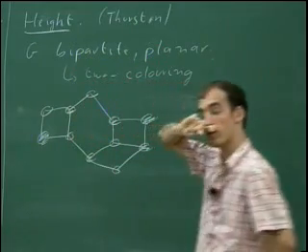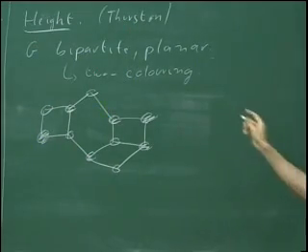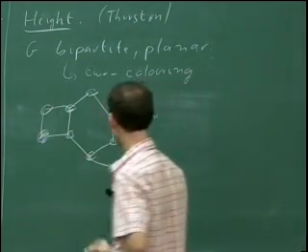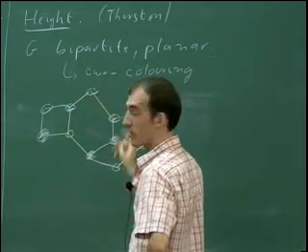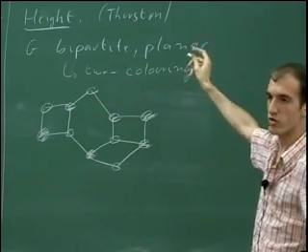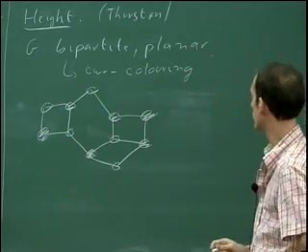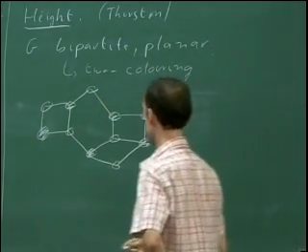I color my graph with two colors. Conceptually, these are two distinct colors. You can define the height function in this framework, or you have several reasonable definitions of the height function. I'm going to be a bit more specific for simplicity.